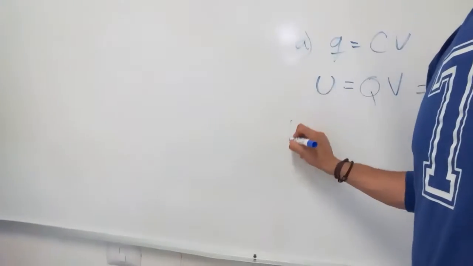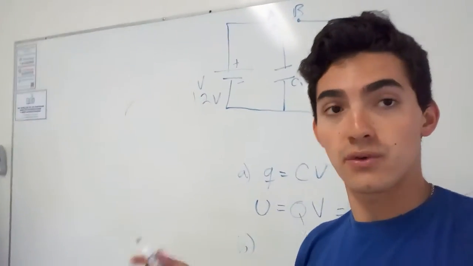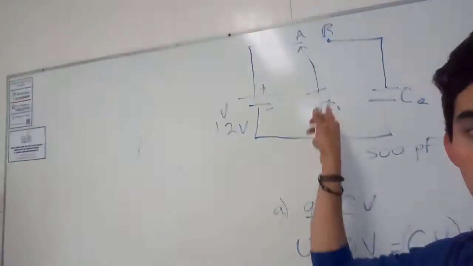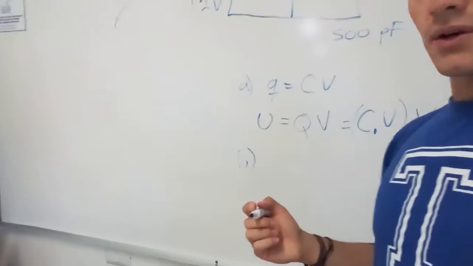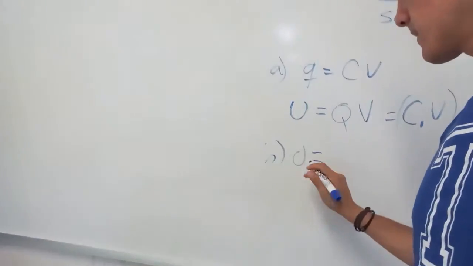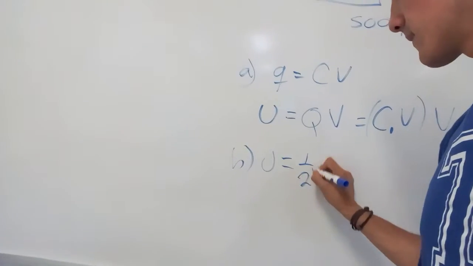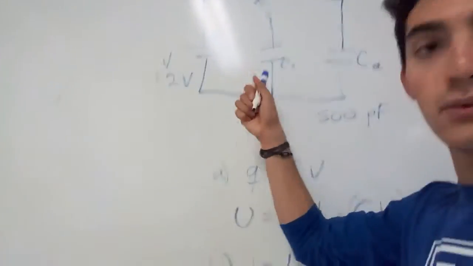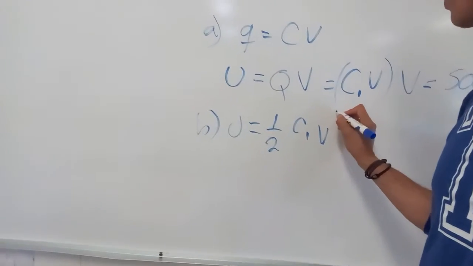For part B, we said that the energy stored in C1. So here we have this same system, and we want to obtain this energy stored in C1. For solving this part, we know that the potential energy, so the energy stored, is equal to 1/2 of the capacitance in the system, that is C1, times our voltage squared.